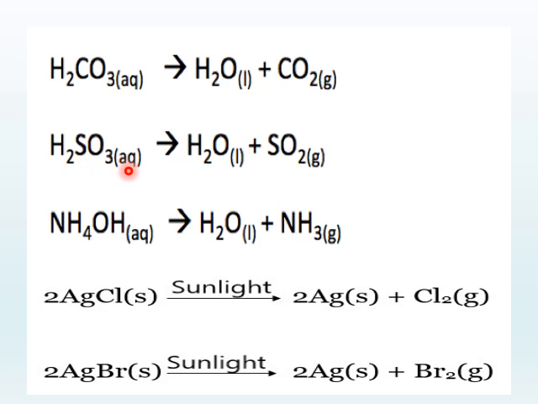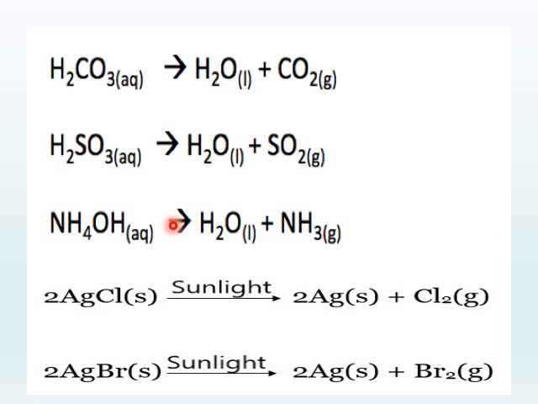AQ is for aqueous, arrow to form, L for liquid, G for gas, water, sulfur dioxide. Sodium hydroxide, AQ means aqueous, H2O liquid, NH3 ammonia gas. Plus sign separates water from ammonia.